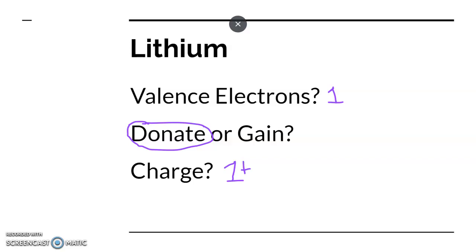Because remember, electrons are negatively charged, so if you get rid of 1 electron, the positively charged protons in the nucleus are now going to be the dominant charge, so we're going to have a charge overall of that atom of +1. So we got rid of 1 electron. Charge is the +1 because we're a metal and we're donating. Okay? So there is lithium.